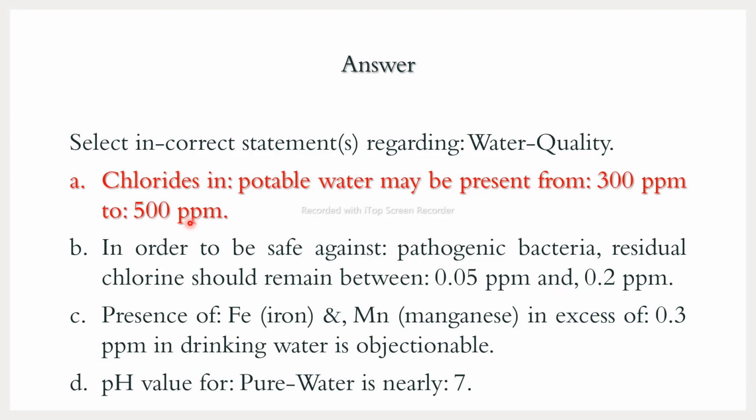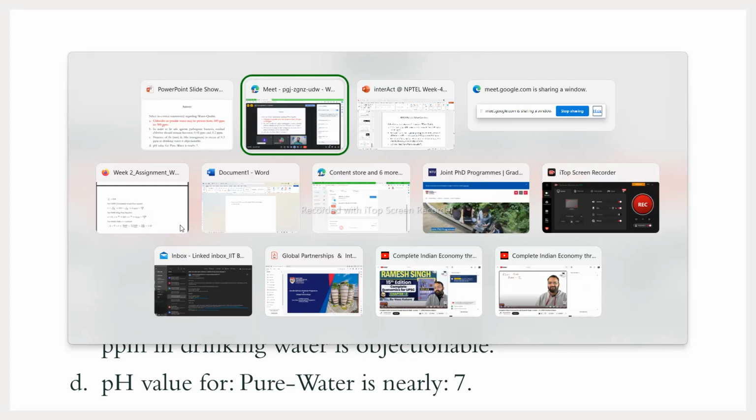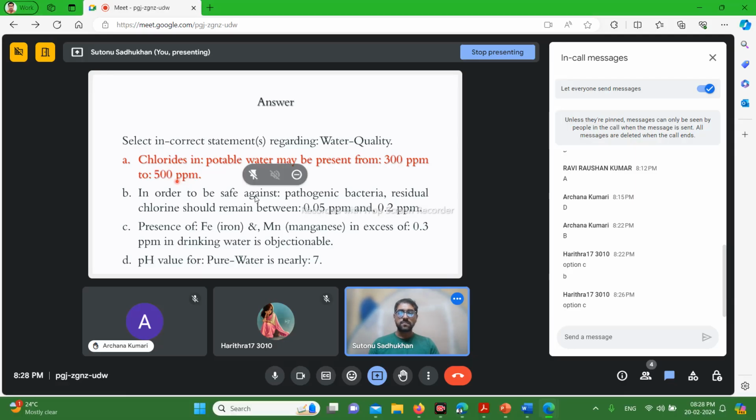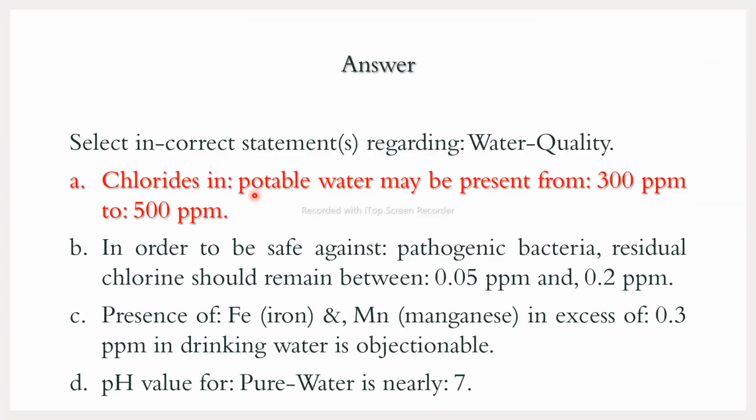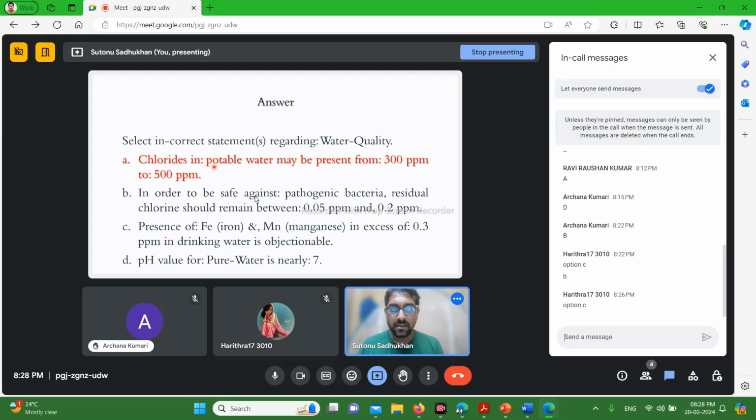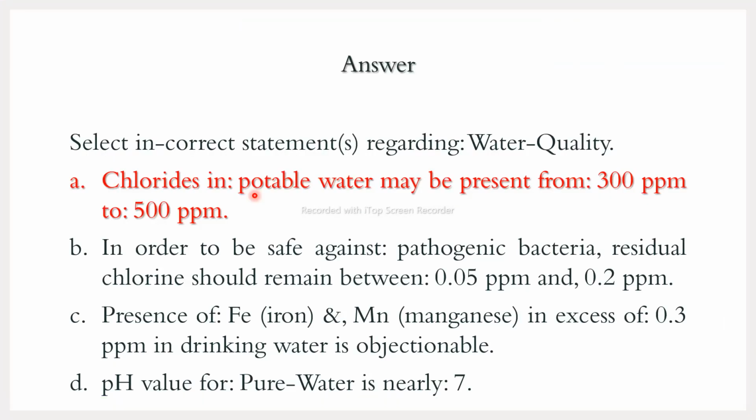Chlorides in potable water may be present from 300 ppm to 500 ppm is an incorrect statement. It is less than that; it is not such a high tolerable limit. The other options, B, C, and D, are okay with respect to water quality.